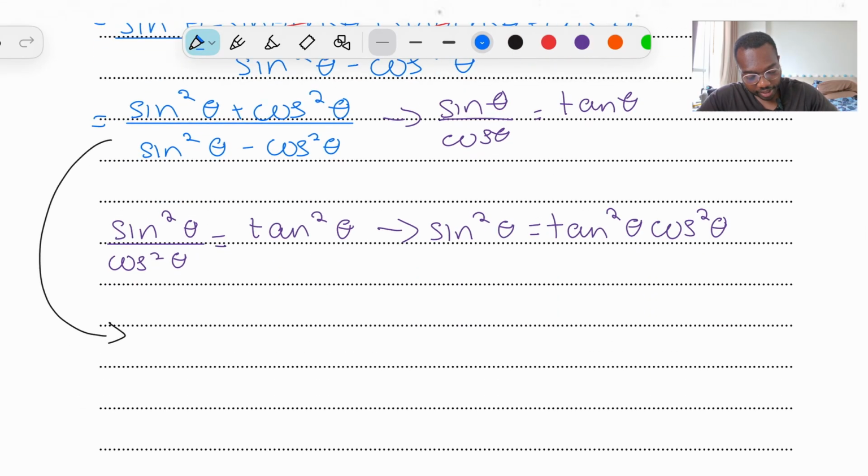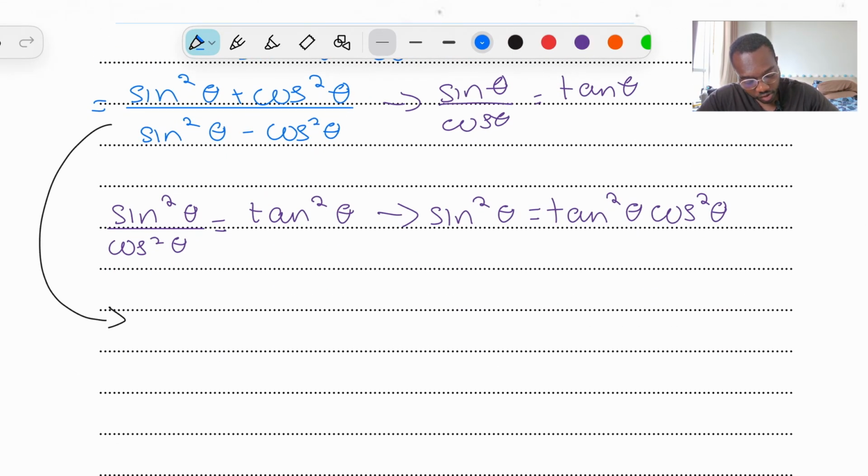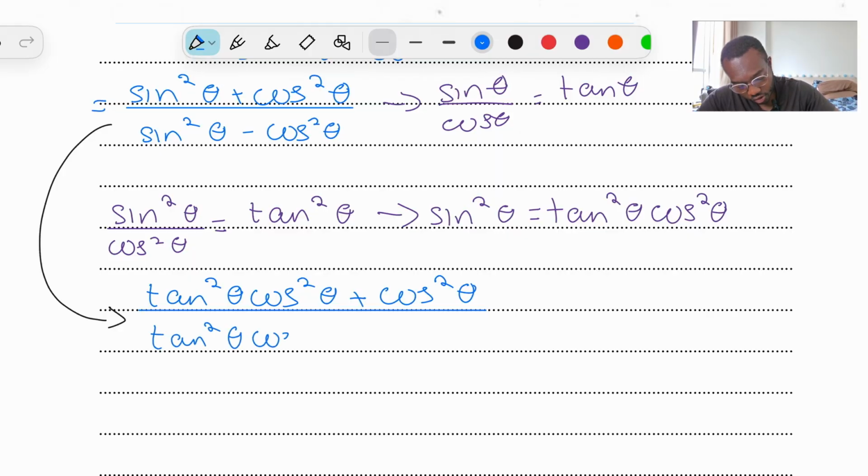So if I do that here, that becomes tan squared theta cos squared theta plus cos squared theta. And then that is equal to another tan squared theta cos squared theta minus cos squared theta.